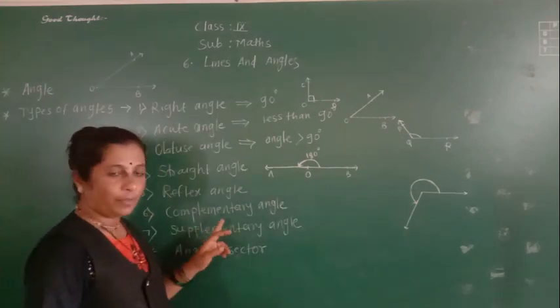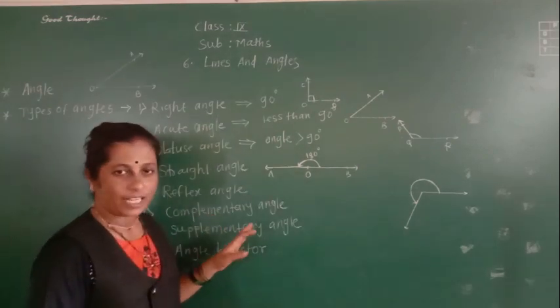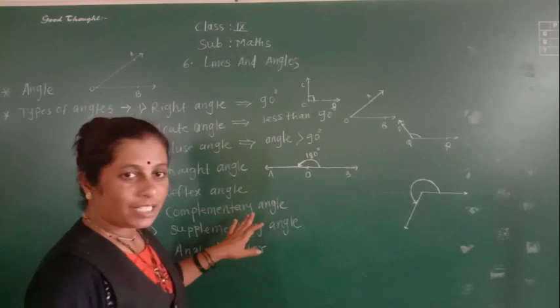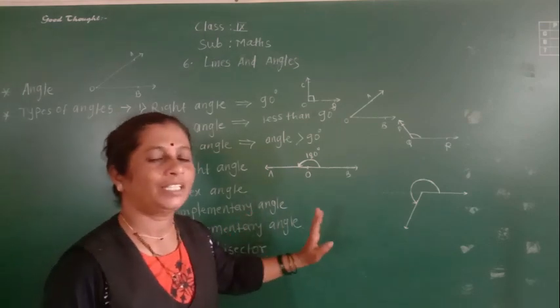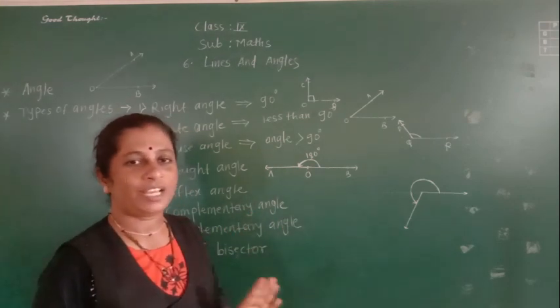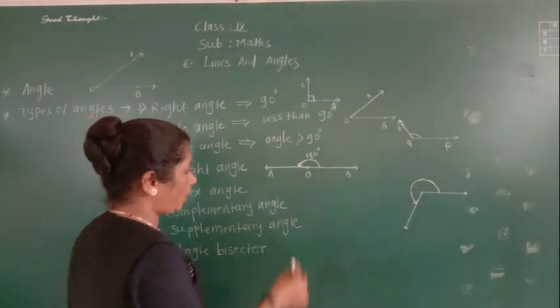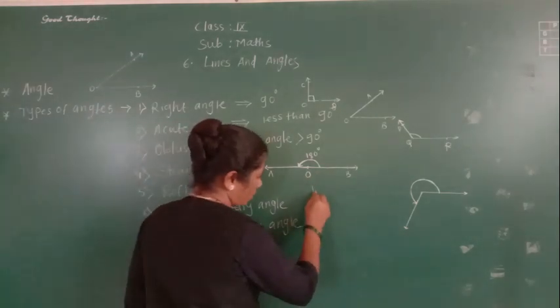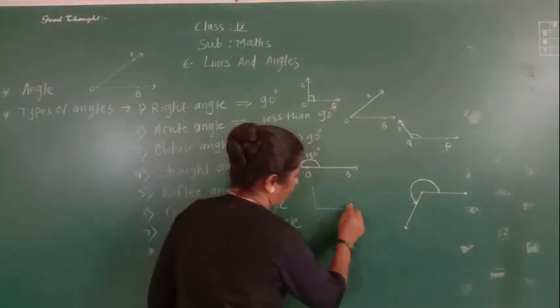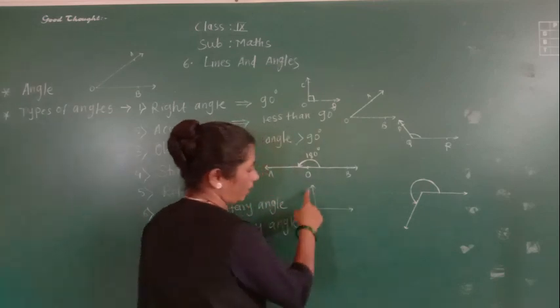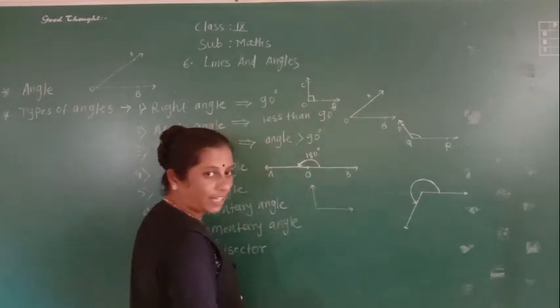Now, what is meant by complementary angle? Complementary angles: we can say two angles are complementary when the sum of their measures is 90 degrees. Suppose this is your angle. We know this one is how many degrees? 90 degrees.